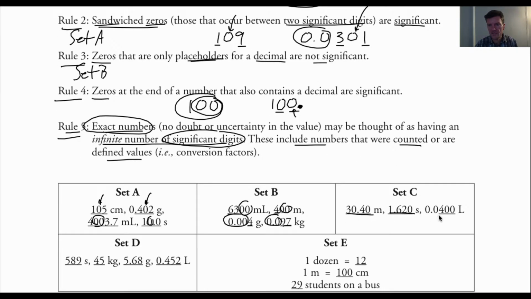Notice all of these are significant, except for these two zeros at the beginning, because you've got zeros in between the 3 and the 4, and you have a 0 at the end to the right of the decimal point. So zeros at the end of a number that also contains a decimal are significant, and that would be rule 4. So set C is showing you that.